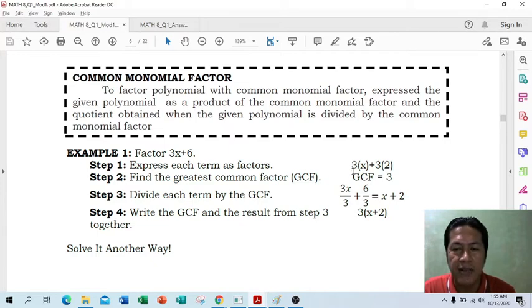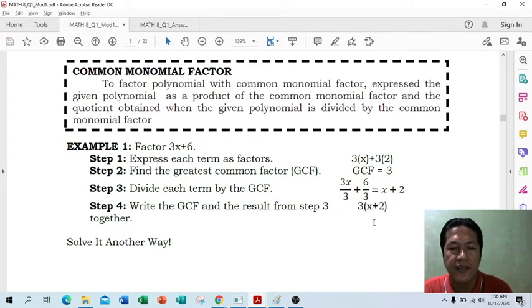So their common factor is 3. Take out the 3, and what is left is x plus 2. Therefore, the factors are 3 times the quantity x plus 2. Okay? Next.